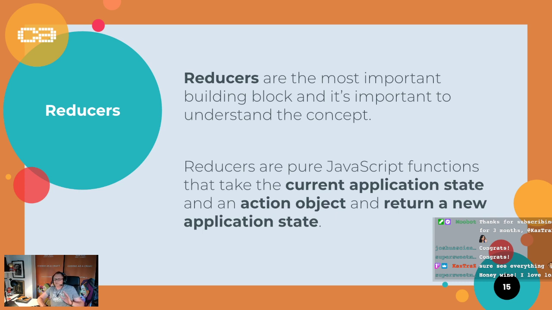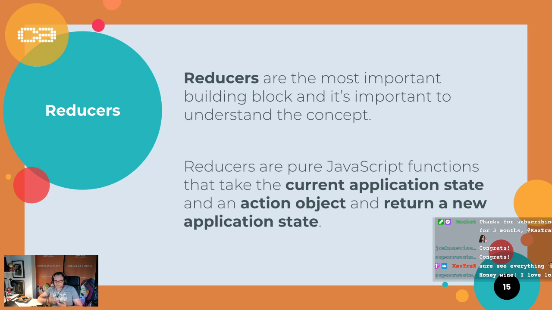One of the most important building blocks, because the reducer is the part responsible for receiving the action, the type of the action and whatever payload you're sending, and triggering the process that discards the old state object or store object and creates a new one, making sure that the application can subscribe to that new state.